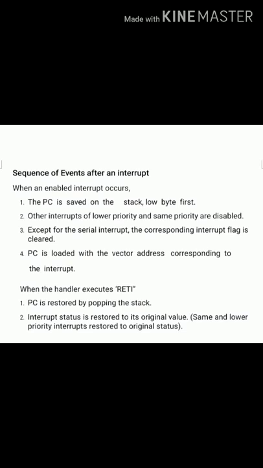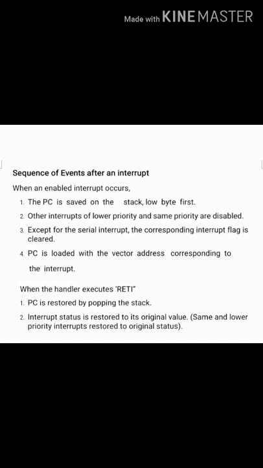This address was already stored on the stack. From the stack, the address will be popped back into the program counter, and the program counter will take the execution to that very step from where it has to continue executing the main program. So in these steps, the interrupt execution takes place.